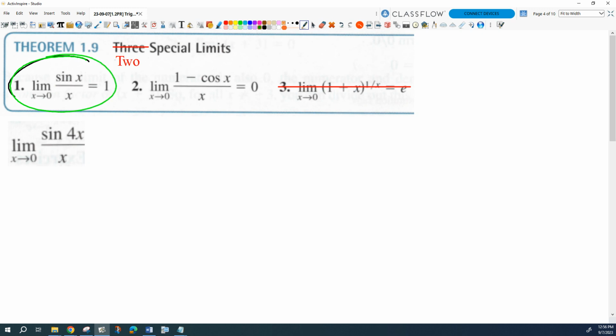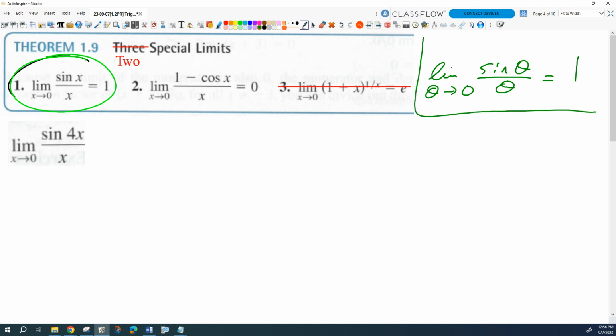Let's maybe rewrite that slightly differently. It's just unfortunate that they both use x's here, right? Because that could be a little confusing. So let's rewrite it with a theta. The limit of sine theta over theta as theta approaches 0 is 1. There's our special trig limit, where theta is just the angle that the sine function is seeing.